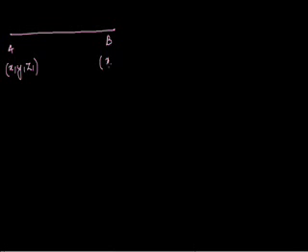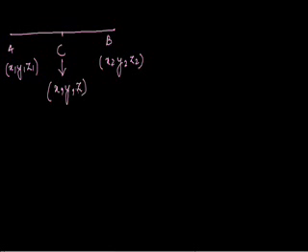Now we will extend this formula. In internal division we will add one more coordinate to it. So now we have 2 points A, B, and the coordinates of A are x1, y1, z1. Coordinates of B are x2, y2, z2, and the point C which lies on the line segment, let its coordinates be x, y and z.